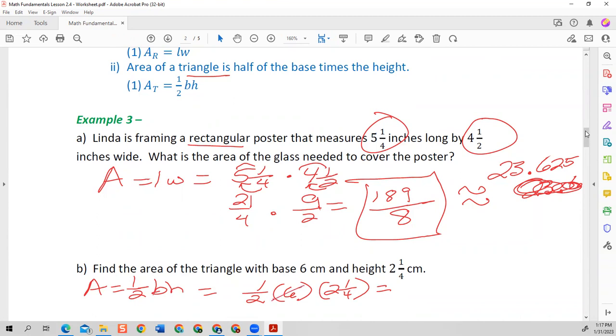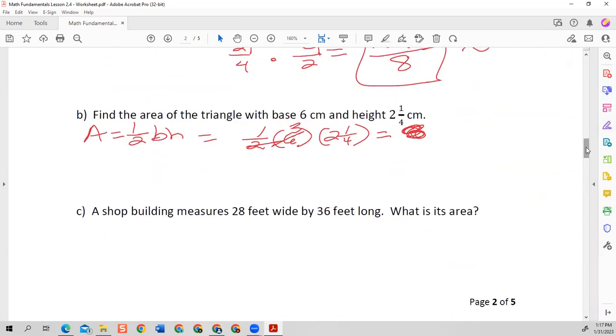So I know 2 goes into 6 3 times. Let me just do one more step, okay? So let's rewrite this. I got a half times that 6 over 1, times that 2 1/4.